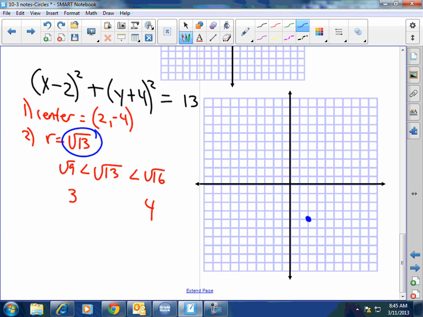So I'm going to go 1, 2, 3.5, in each direction. Is that an exact circle? Absolutely not. Not because of the way I drew it, but because I'm estimating. In essence, I'm sketching this one because I had to estimate the radius.